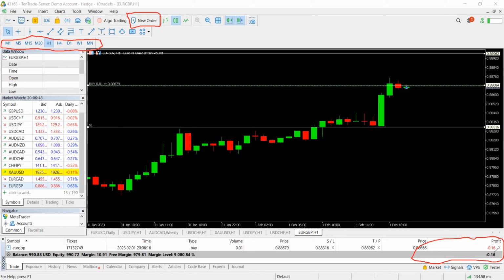When you are in profit, the color is going to change to blue. And if price retraces and gets to your stop loss, immediately this trade will be closed in a loss. If price goes up and hits your take profit, immediately the trade will close in profit. It's as simple as that.